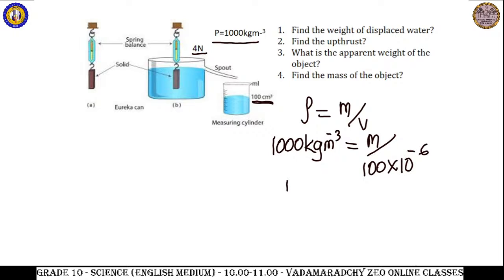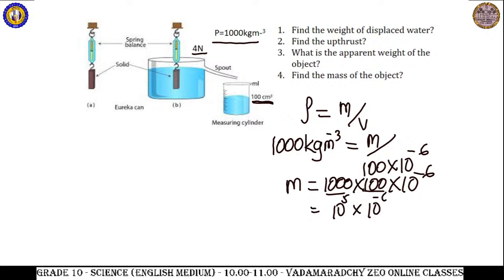So M is equal to 1000 into 100 into 10 to the power minus 6. These two become 10 to the power 5, and this is 10 to the power minus 6. So the answer is 0.1 kilogram.